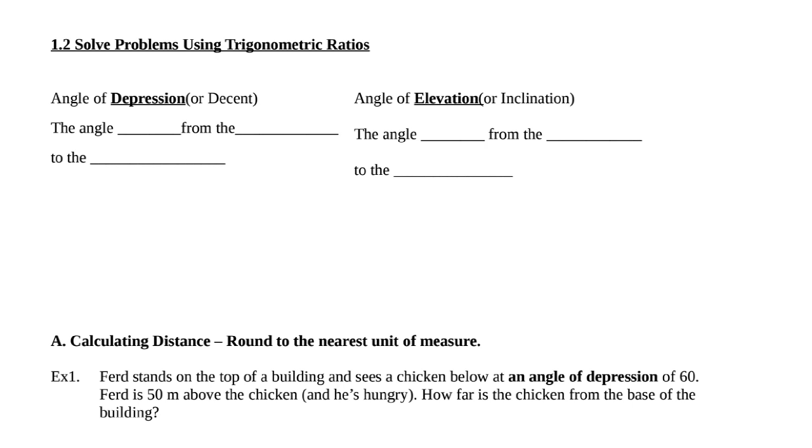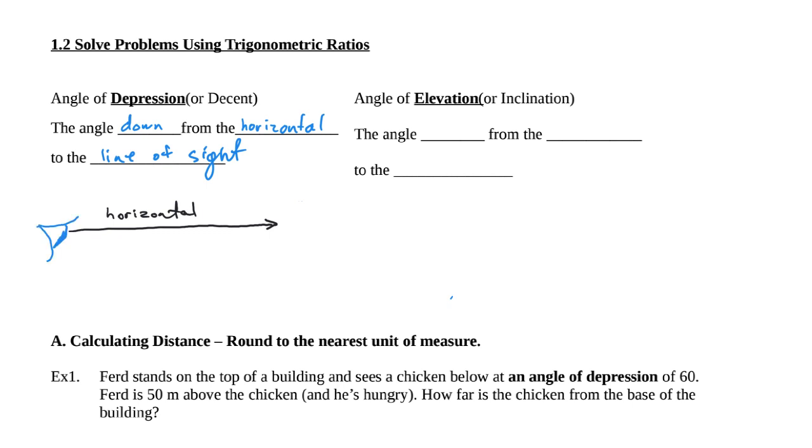The angle of depression or descent is the angle down from the horizontal to the line of sight. Every time we do this, I always end up trying to do a demonstration. So imagine your eye is level and looking along the horizon. This is the horizontal. Imagine that's your eyeball sitting at the horizontal, but what's happening is we're looking down from the horizontal.